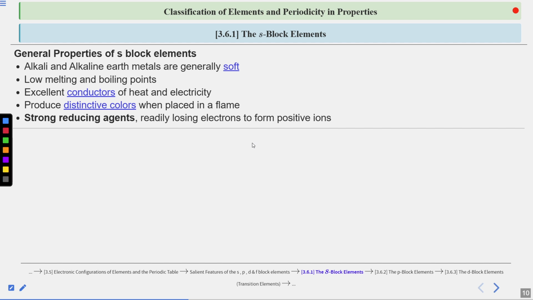So if this S block element is giving electron to someone else, it is helping them to reduce. So therefore they are acting as an agent of reducing, that is strong reducing agent. And since they are metals, they are able to do it in a more easier way. I guess this point is clear to you. Now upon losing of the electron, they form positive ions, right?